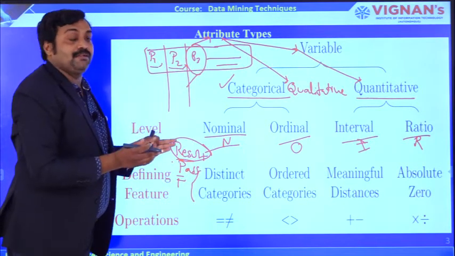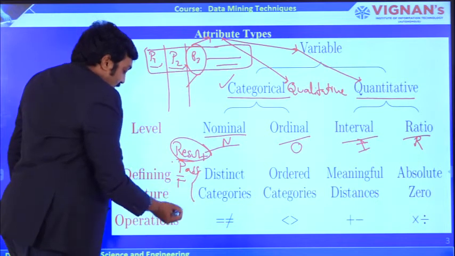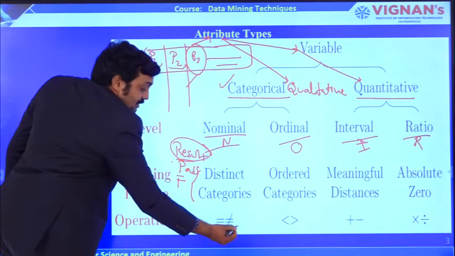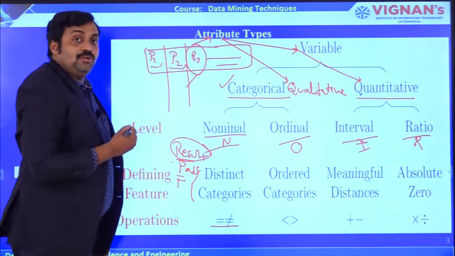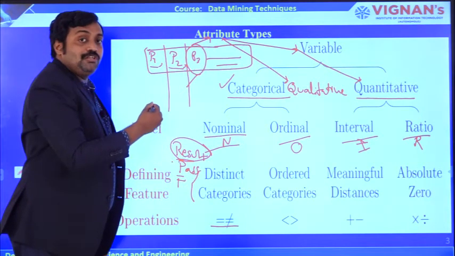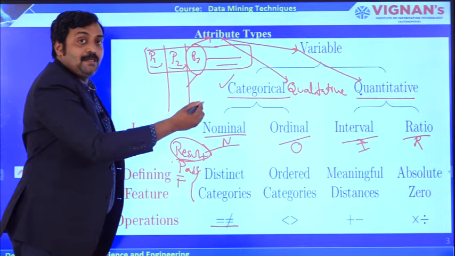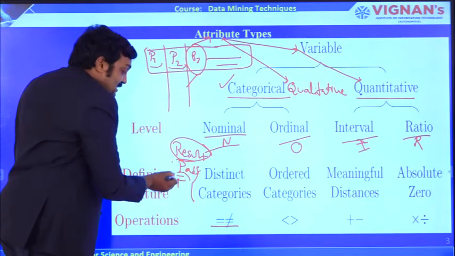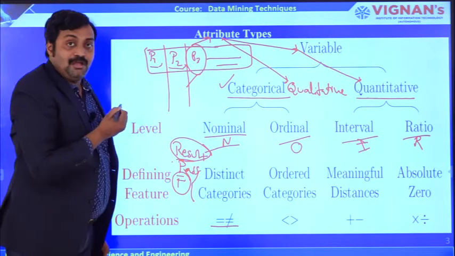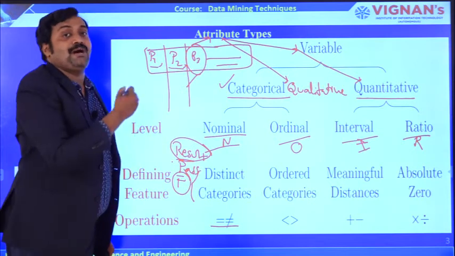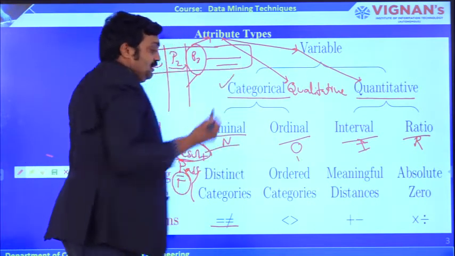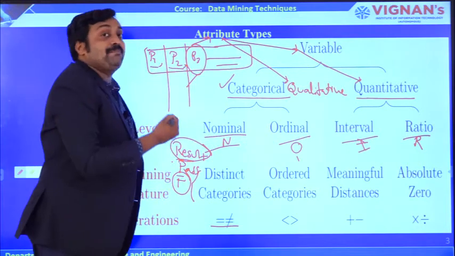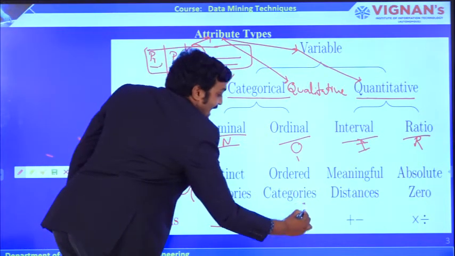We are going to identify that, and we can perform the equal to or not equal operation. That means we can find out which students failed, classifying the list of students who failed or the students who passed. Whereas ordinal is rank based, it's a ranking.